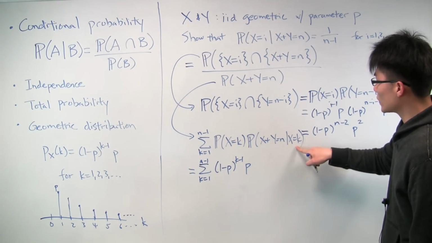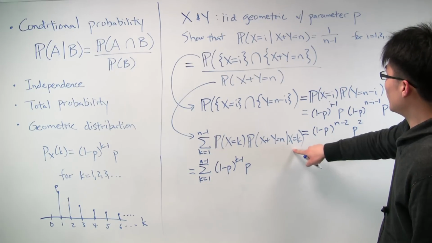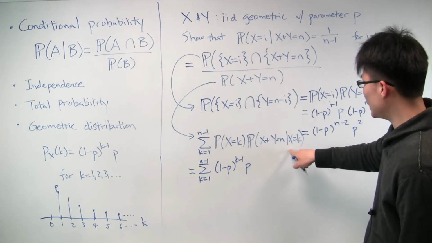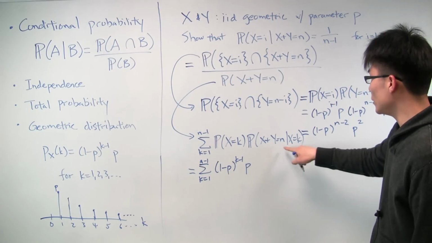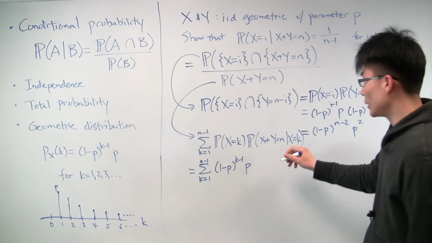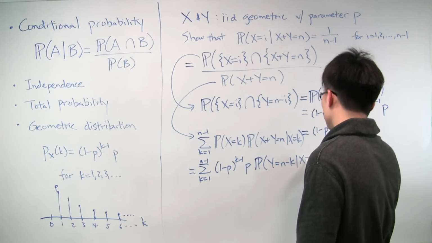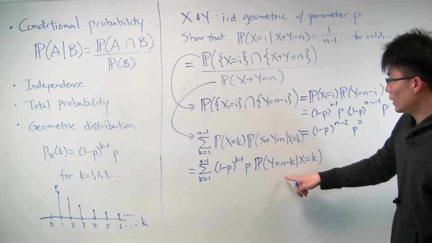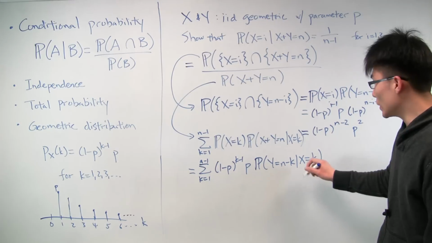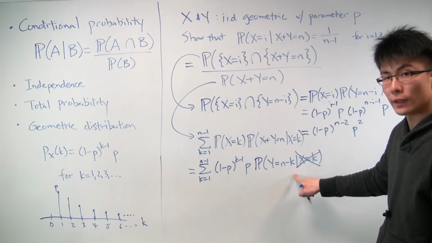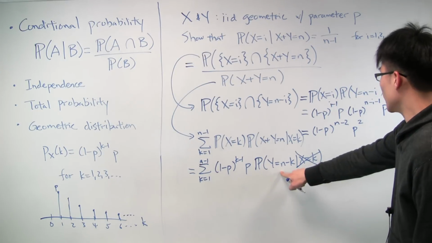Well, in order for x plus y to equal n, given that x equals k, we need y to equal n minus k. But we also know that y and x are independent, so this conditioning actually doesn't matter. So we can just ignore it, and just plug in the probability of y equaling n minus k.